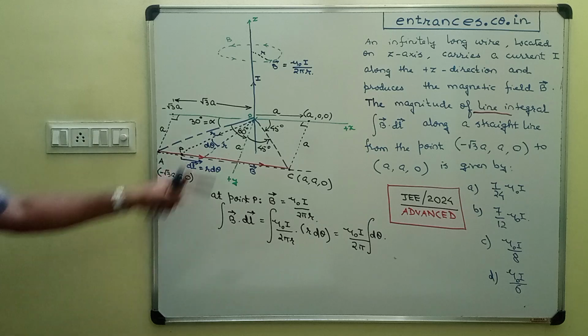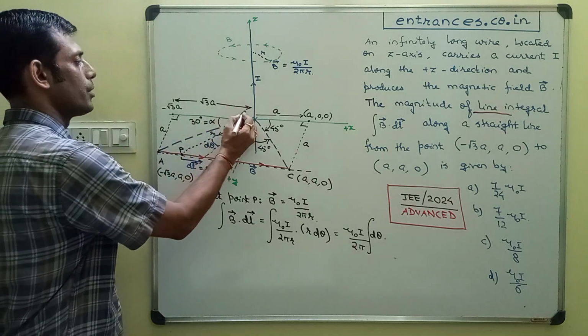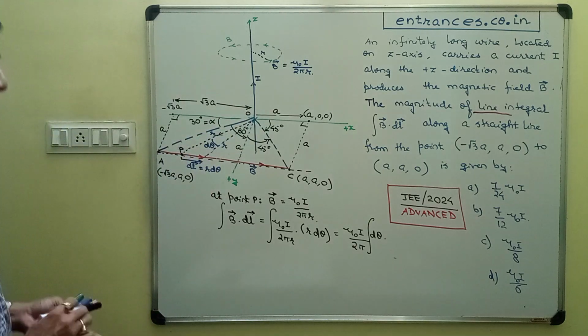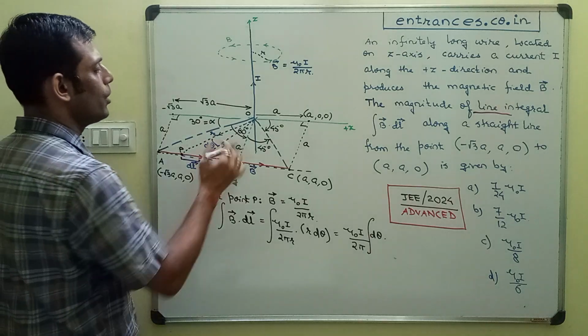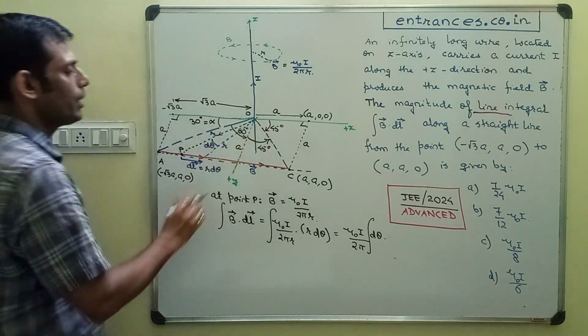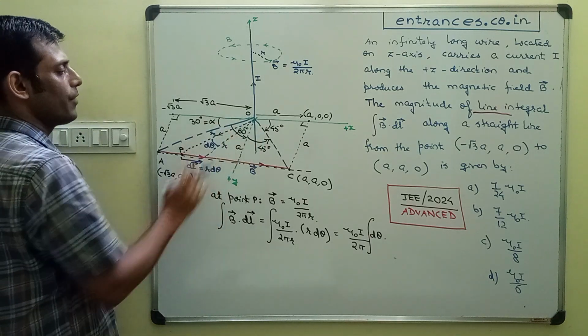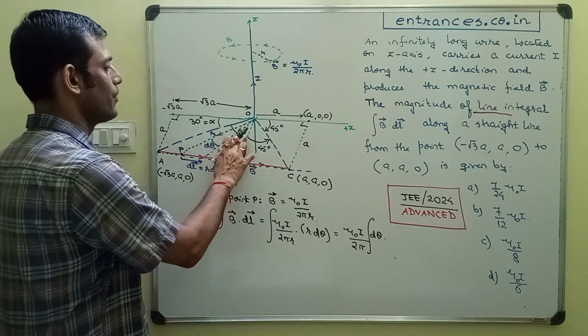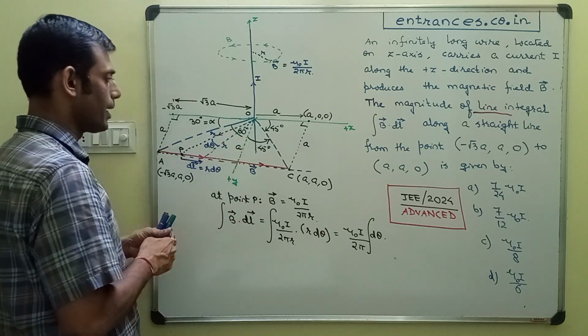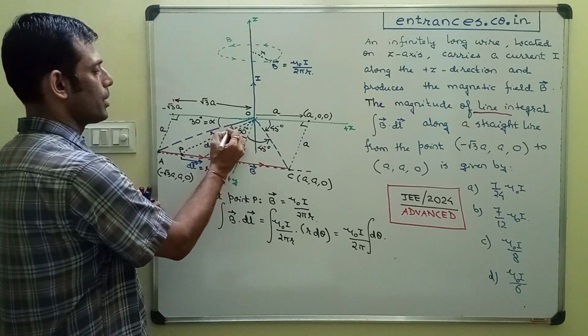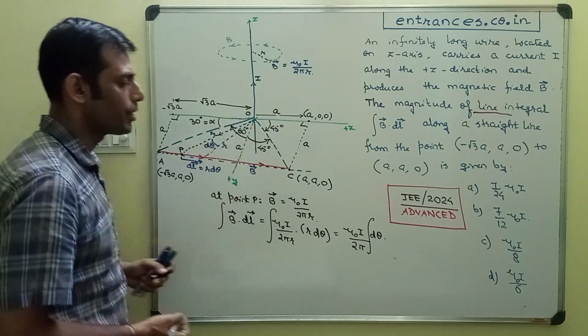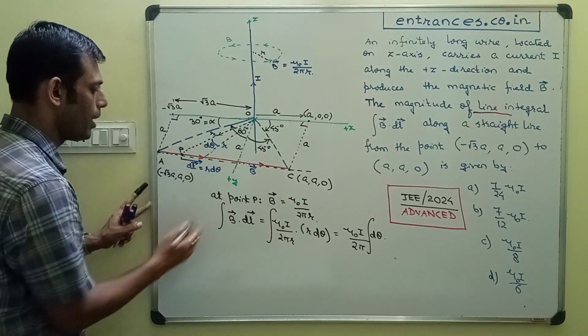Now you see OA, let this origin be here, OA and OC make a total angle of 60 plus 45. So the initial angle, if I consider to the left side, I can consider as a negative angle, and let me treat it like this. It begins from this position and goes towards this. This is 60 degree. So let's call this theta 1.